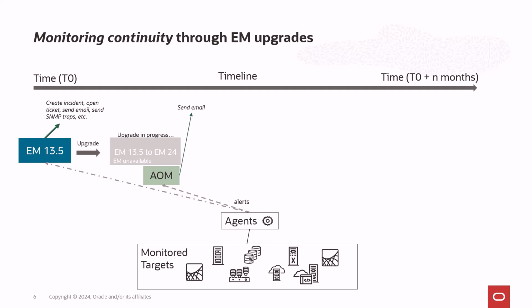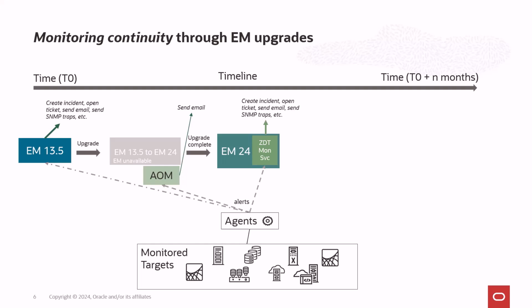When the upgrade to EM 24 is complete, you will now have the ZDT monitoring service, which is responsible for receiving alerts, creating incidents, sending email and SNMP traps, opening tickets, and other types of notifications.